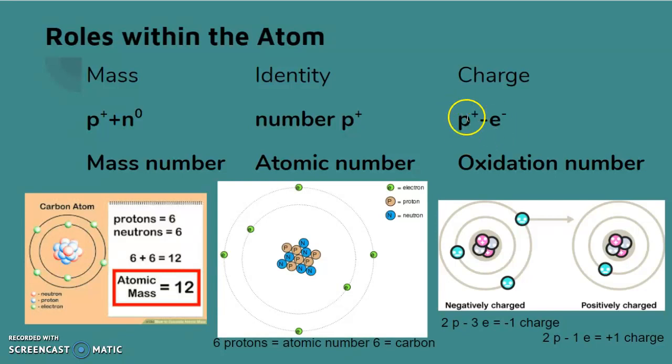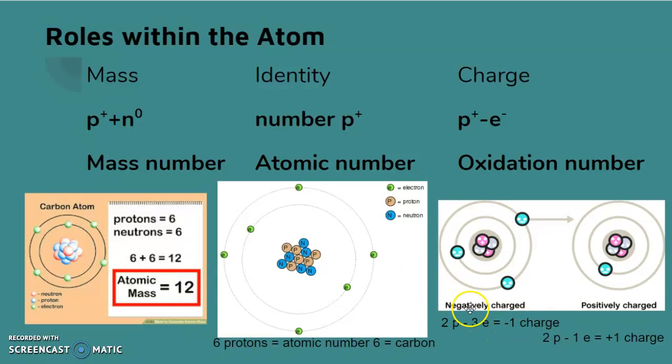The proton determines the identity, but if you had fewer electrons than protons, you would have a positive charge, and if you had more electrons than protons, you would have a negative charge. An example of that is down here. There are 2 protons in this one, and you have 3 electrons. So 2 minus 3 gives you -1. That's why I wrote 2 protons minus 3 electrons equals a -1 charge.